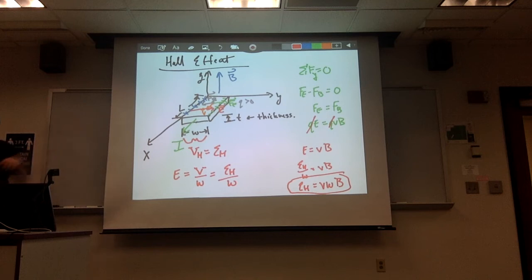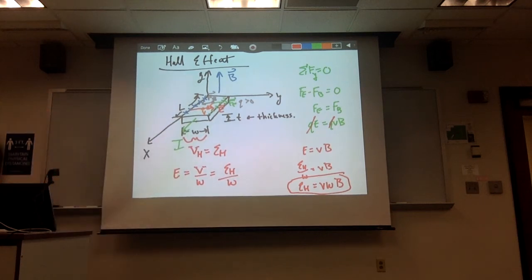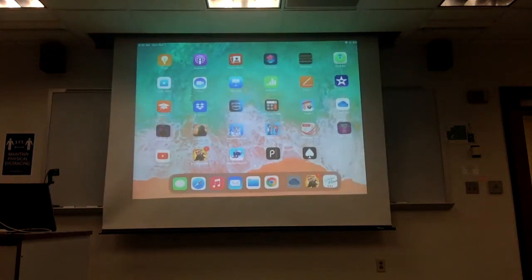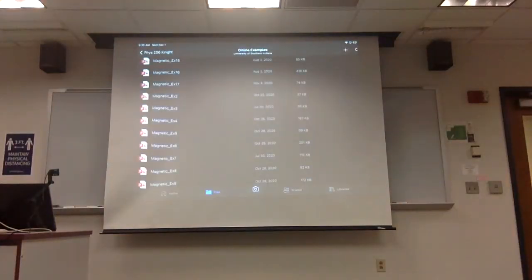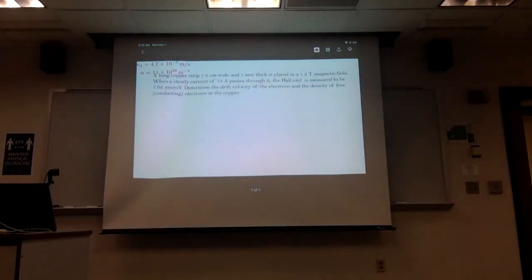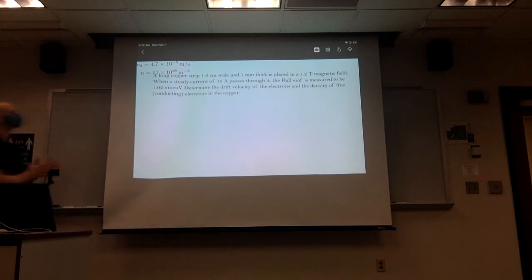So you can use the Hall effect for all kinds of different things, but the major thing it was used for was to determine the direction, or at least what was moving, positive charges or negative charges. So great, now we know about the Hall effect. Let's do an example. So this says we have a long copper strip, which is 1.8 centimeters wide, 1 millimeter thick, placed in a 1.2 Tesla external magnetic field, which is perpendicular to the direction of the wire.